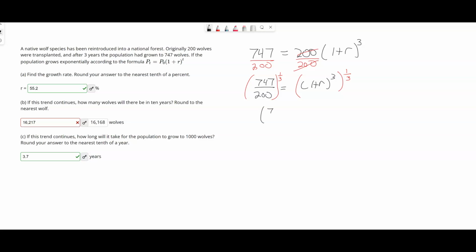We have 747 over 200 to the 1/3 equals. Now on the right side, the 1/3 times 3 is 1, and so we just have 1 plus r to the 1, or 1 plus r. Finally, we can solve for r by subtracting 1. We get 747 over 200 to the 1/3 power minus 1.